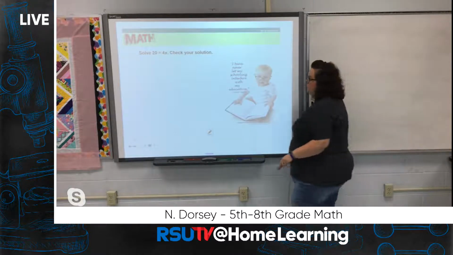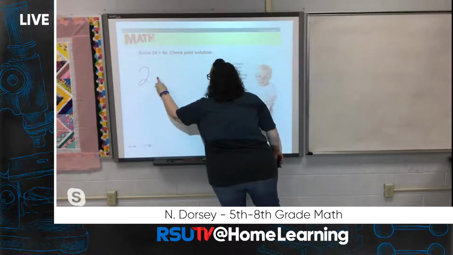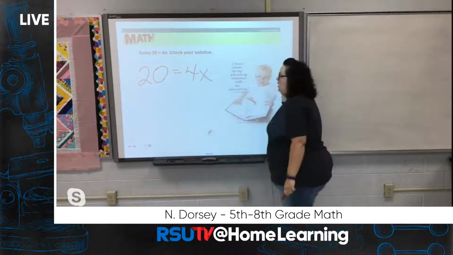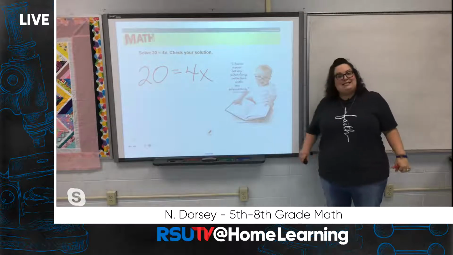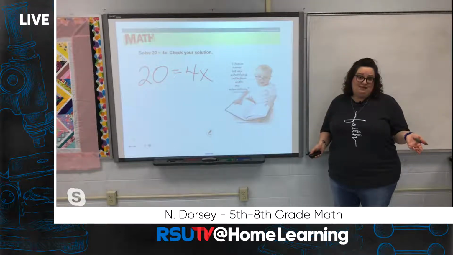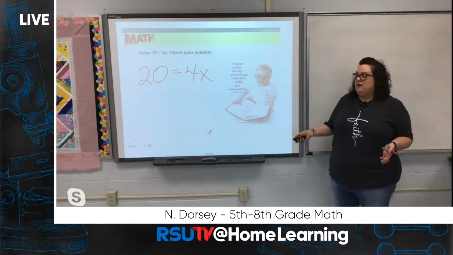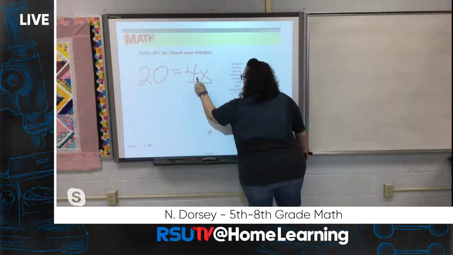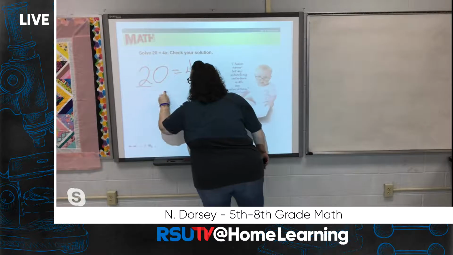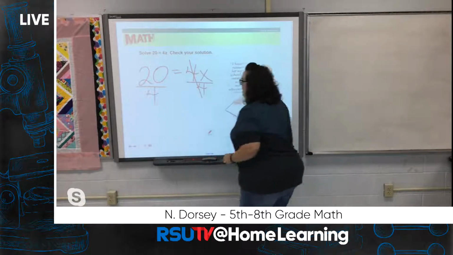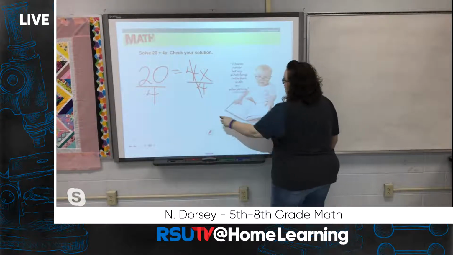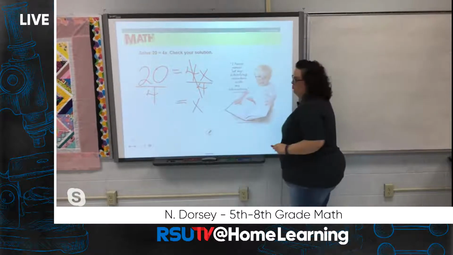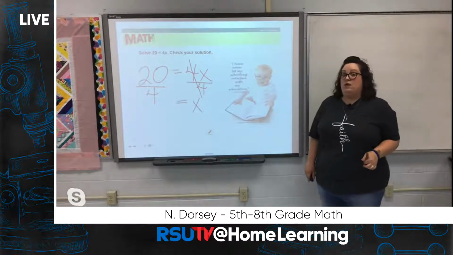So I'm going to rewrite the problem, nice and big for you to see. And the x is still going to be what stays. So the opposite of that is division. So I'm going to divide both sides by 4. And I'm going to bring my x down, bring my equal sign down, and 20 divided by 4 is 5.